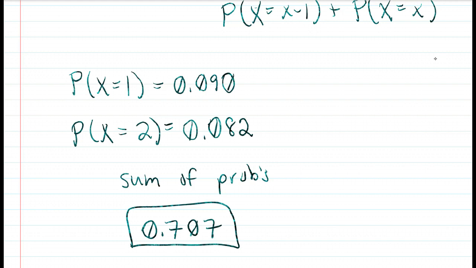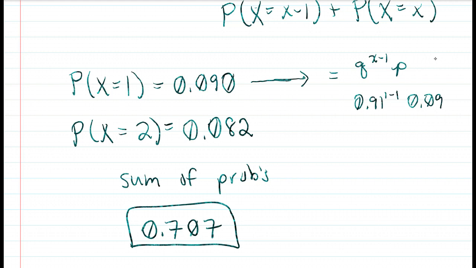Just to make sure we're clear, let's take a look at the first one. You would be doing q to the x minus 1 power times p. Our q value is 0.91 from part A, and our x is 1, so we have 1 minus 1 in the exponent, times the p-value, the probability of success, 0.09.